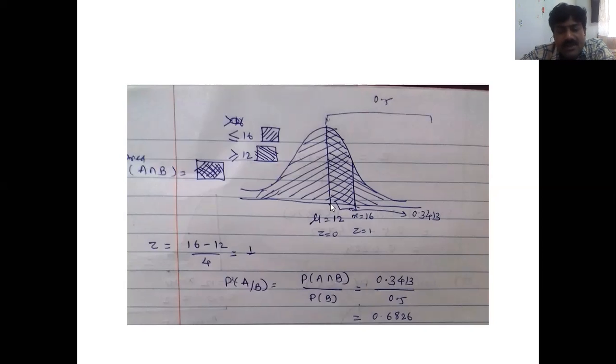As per the definition of a normal distribution, from the center to the right-hand side up to plus infinity, the area is 0.5, right? So this value is 0.5. So the probability of A given B, that is x less than or equal to 16 given x greater than or equal to 12, will come to 0.6826. Okay, so this is the end of the standard deviation.